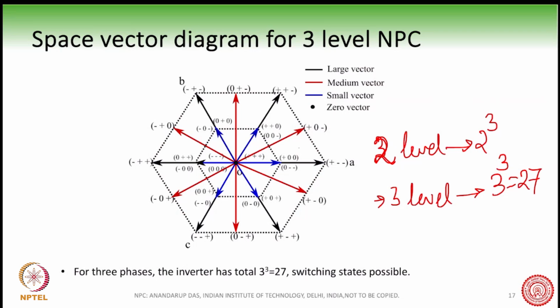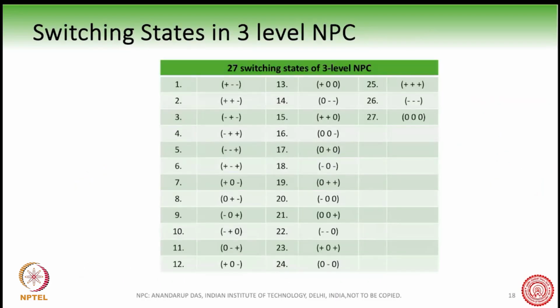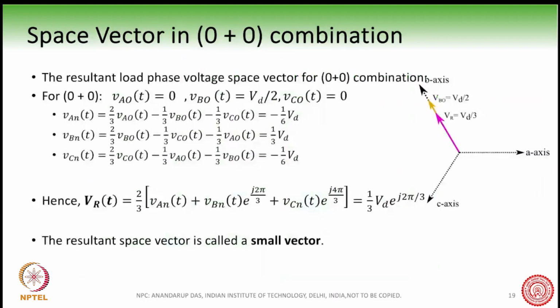And these 27 switching states form what is called the space vector diagram of the three-level NPC. For each of these switching states, we can now find out what the space vector is. Let us take one example here. Suppose you have one switching state combination which is 0 plus 0. What does this mean?